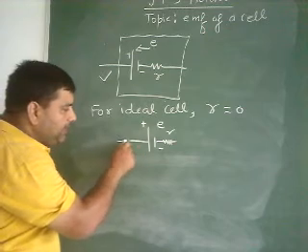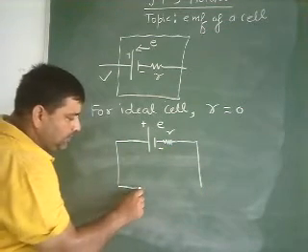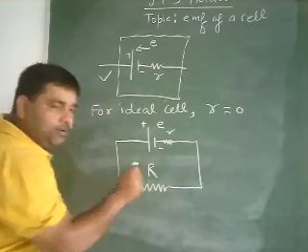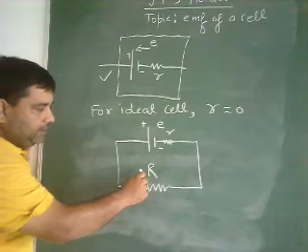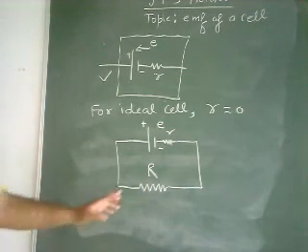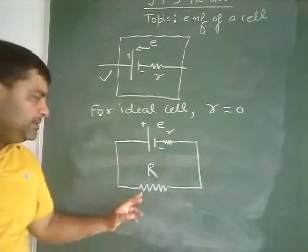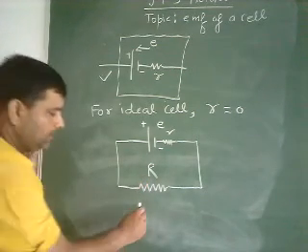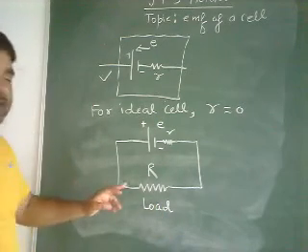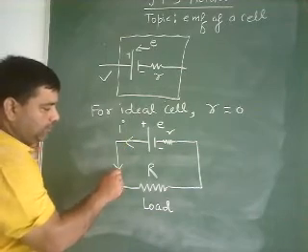Current I is taken from the cell through the external load R. This is the external circuit whose resistance is capital R. You can simply say this is load. Cell is giving I current.